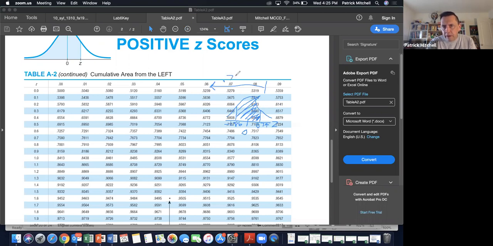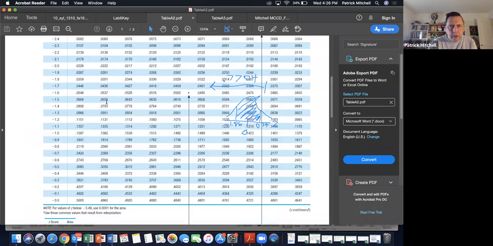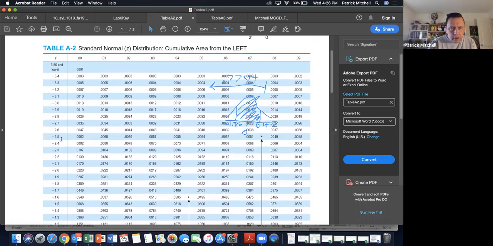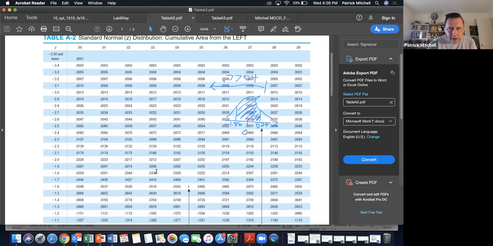And then I'm going to go over to the negative side of the table, and I'm going to look up negative 1.86. Okay, so here is negative 1.8, and if I go over to the column with the 0.06 on top, that's this column here, 0.0314.